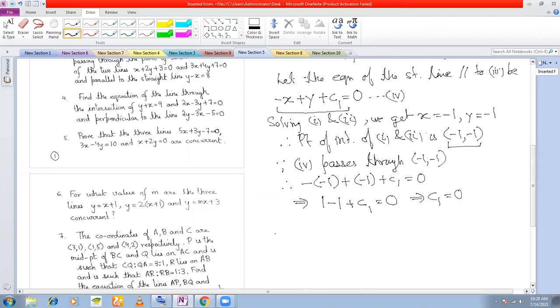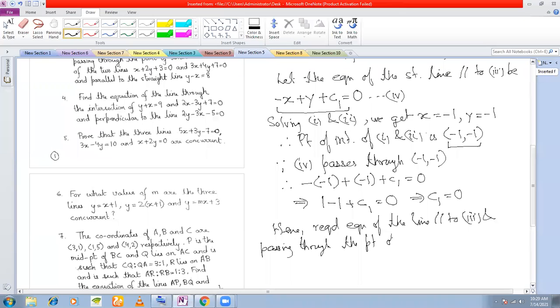So what is the required line? The required equation of the line parallel to 3 and passing through the point of intersection of 1 and 2 is, from 4, what do we get?